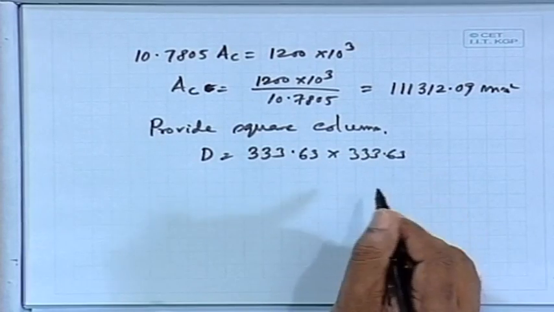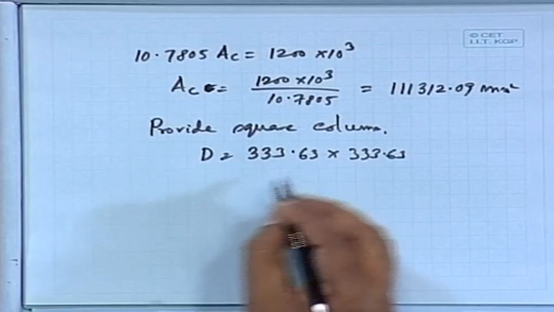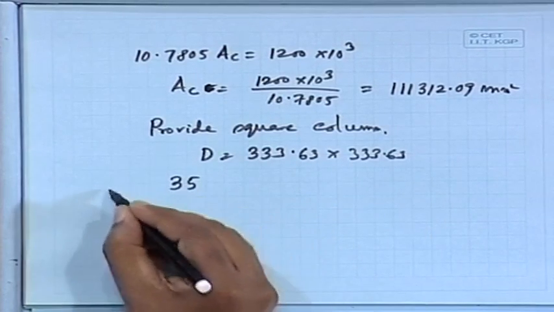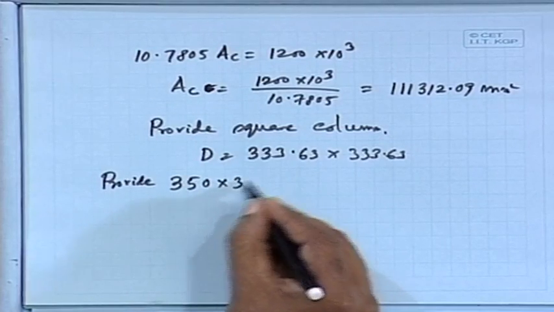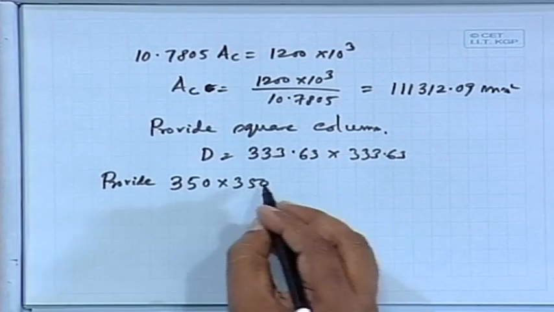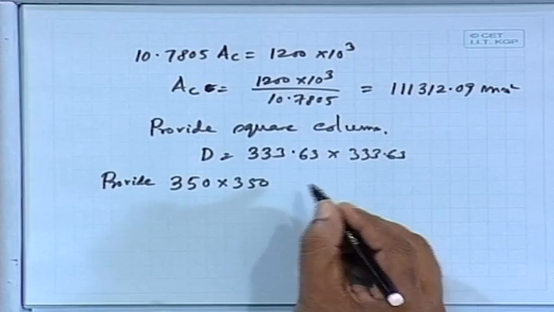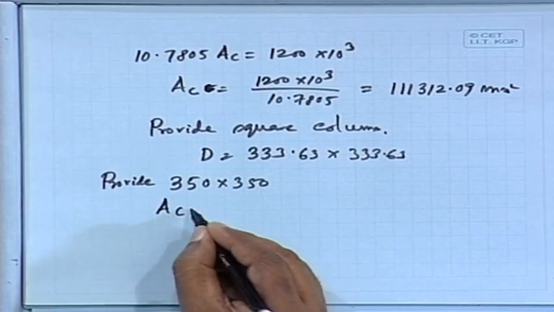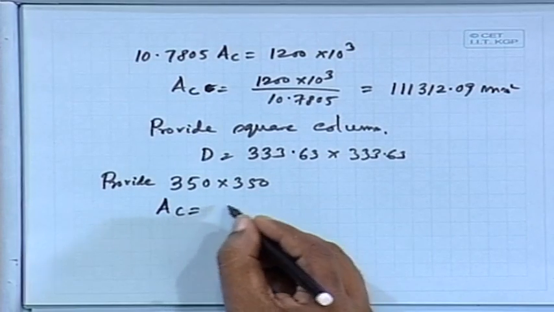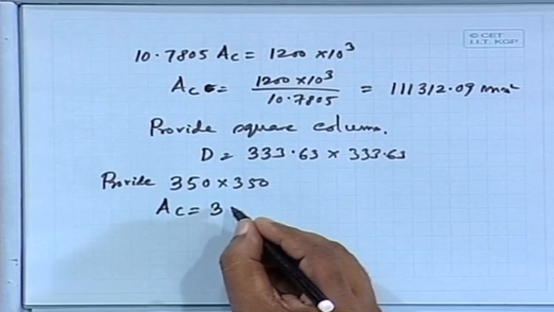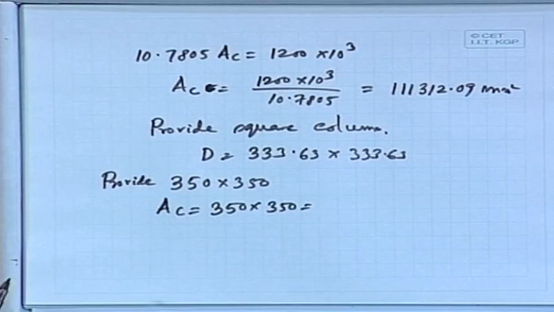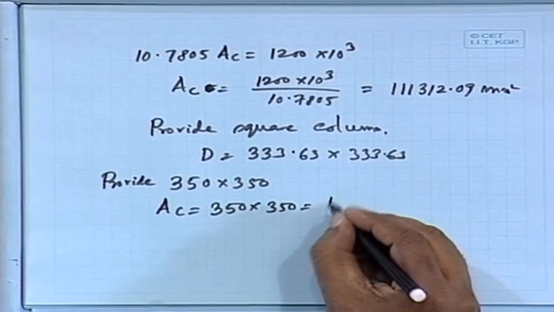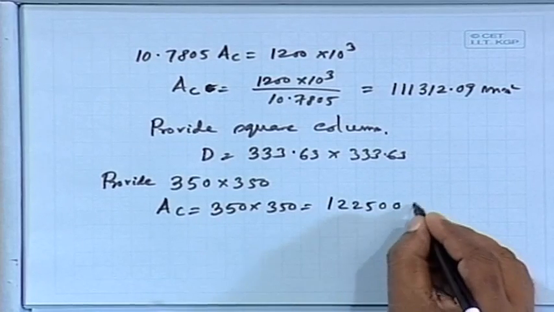So, we cannot provide this one. What we can do here, let us assume that we provide a 350 by 350 dimension column. So, AC equal to 350 into 350, which comes as 122,500 square millimeter.